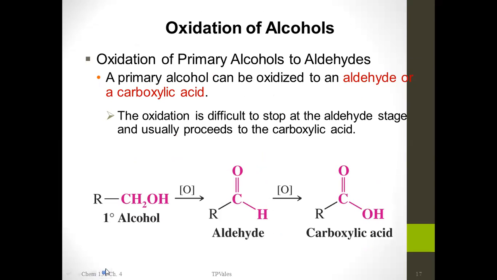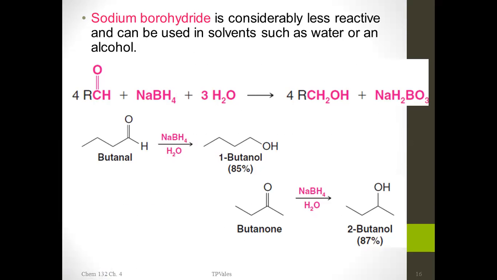Now, alcohols can also be oxidized. So again, we have shown earlier that we can prepare alcohols from carbonyl groups by the reduction reaction, and you have the reducing agents. Now, aside from that, in chapter 11, you can have the substitution reactions of alkyl halides.